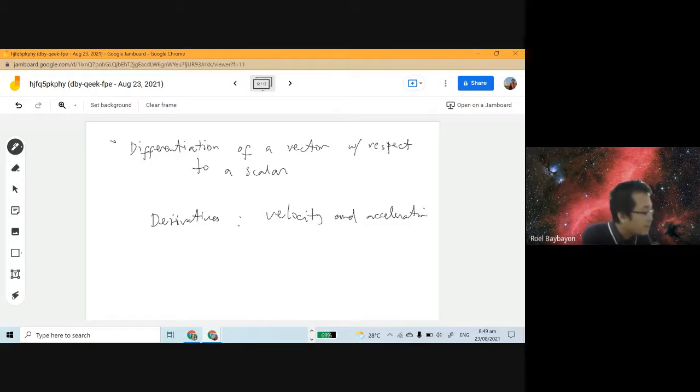It will be a bit long because we will use rectangular coordinates to solve for the position, velocity, and acceleration. We will also use spherical coordinates and cylindrical coordinates. And our notations will no longer be the same as before. For example, the velocity is equal to dx over dt.